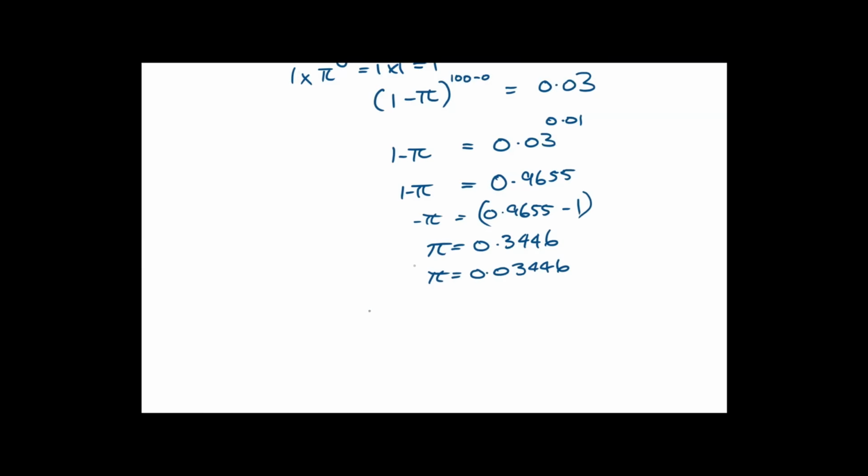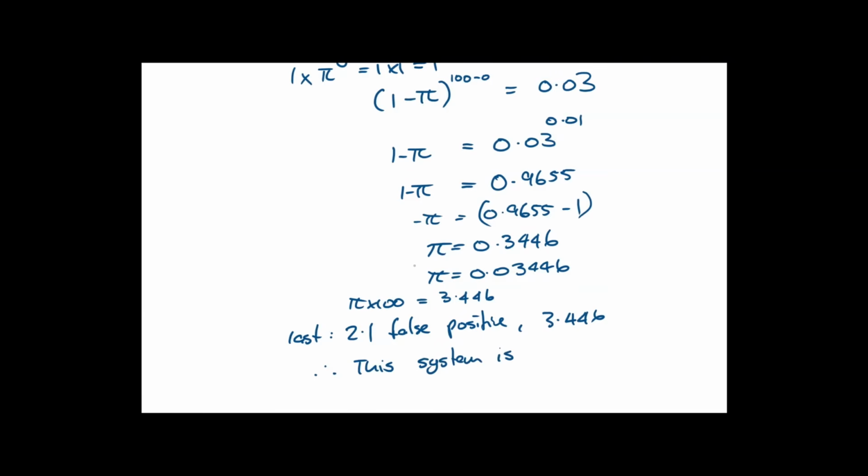So that tells us that pi times 100 is going to be 3.46. How does that stack up to the last model? Well, the last model, there was an average of 2.1 false positives. This one averages 3.46 false positives. So therefore, this system is not as good as the previous system.